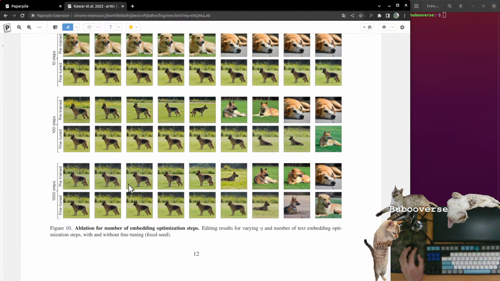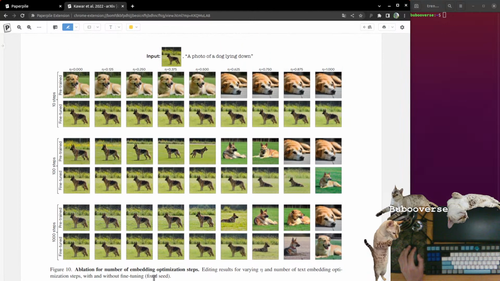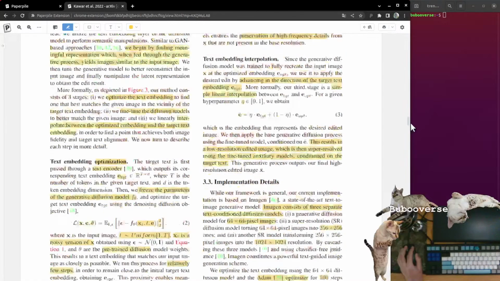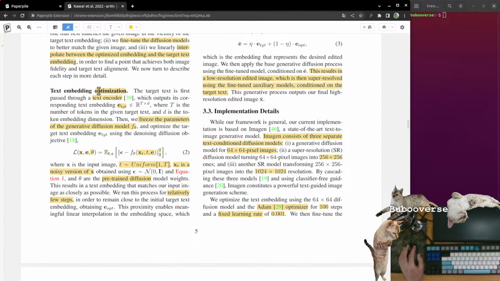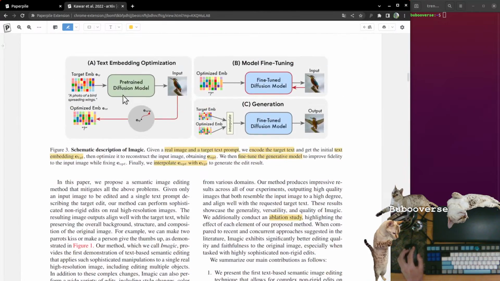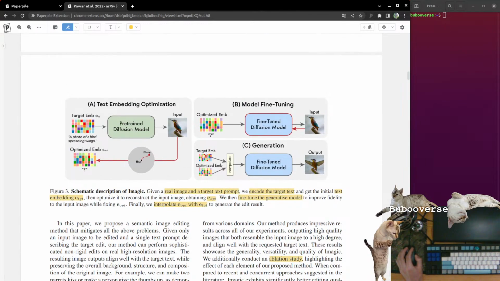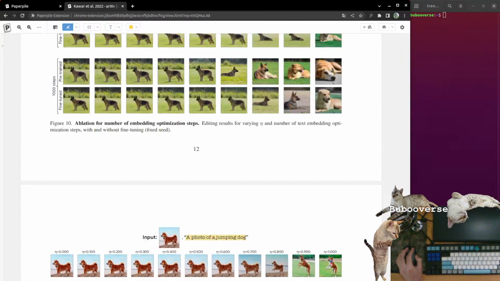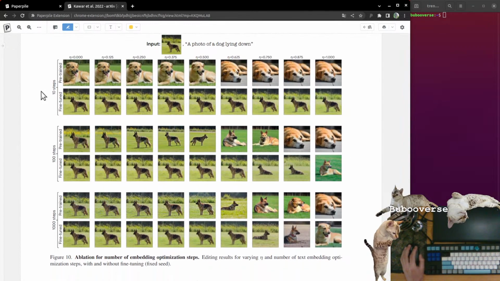Okay, so different amounts of steps when they take that loss function, here, and they use Adam to take steps in the embedding space right here, where they're moving from E-target to E-optimized. So very few steps here with 10, 100 steps more, so an order of magnitude difference in steps: 10, 100, 1,000.